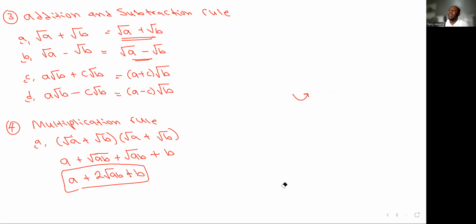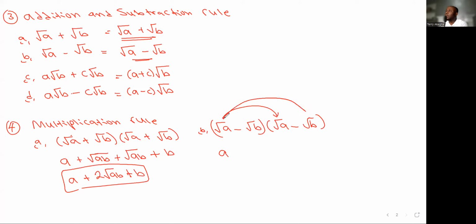Now, similarly, for other forms of multiplication, you will get the same thing. So for instance, if you had root A minus root B and root A minus root B, the same thing, you multiply. Root A times root A will give you A. Root A times minus root B will give you minus root AB.